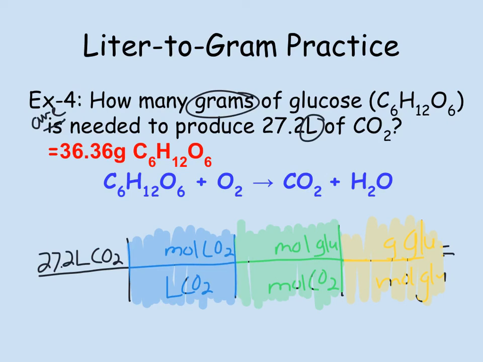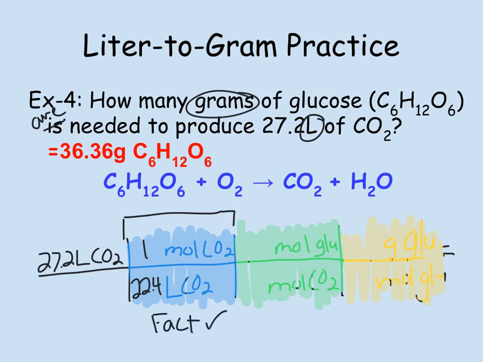But I want to make sure that as I plug in, I'm plugging in things that are true, okay? If what is in here is not true, then you did it wrong, okay? So when I look at this, I can look on my flowchart and I see that 22.4 liters of anything is 1 mole of that substance. That is a fact, okay? As long as it's a fact, I did it right.